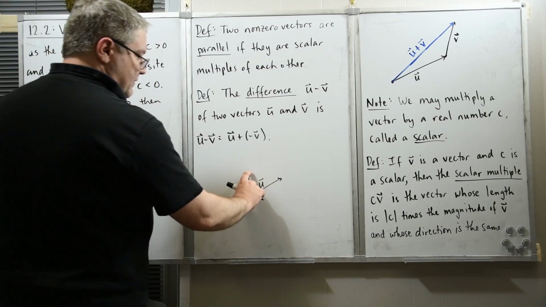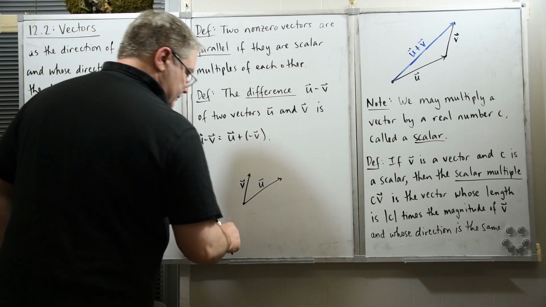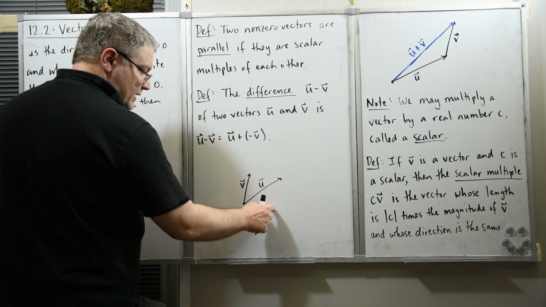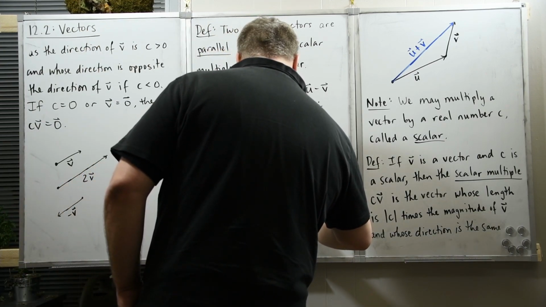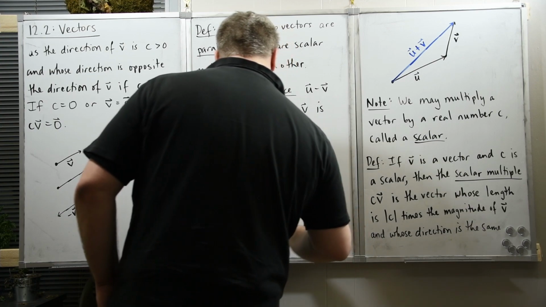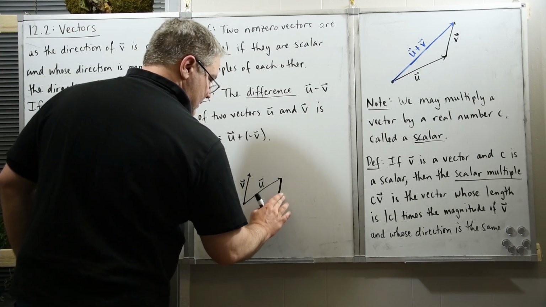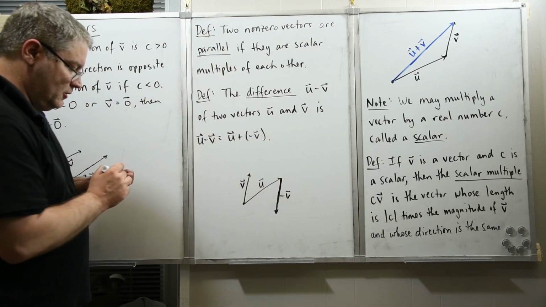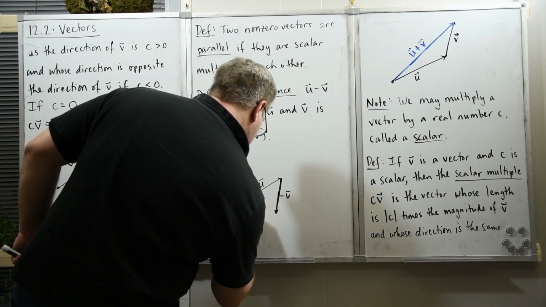So if I were to take this vector and put this point here, but pointing in the opposite direction, then this would be negative v. And our vector u minus v would look something like this.